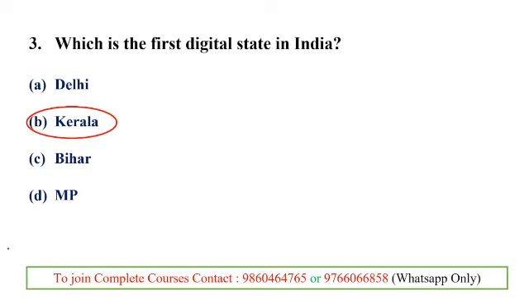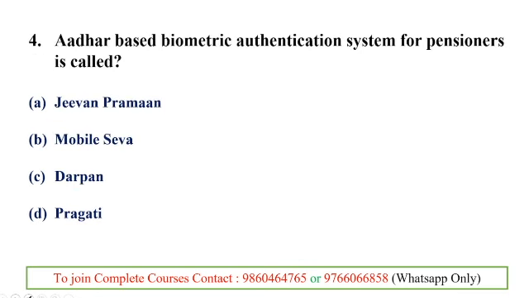Clear. And the next one, the Aadhaar based biometric authentication system for pensioners is called. Here you can know what Aadhaar is, and Aadhaar based biometrics. In recent times, we use the biometric system for the identification of people, like the thumb impression and eyesight. You will join in Aadhaar through these biometric procedures.